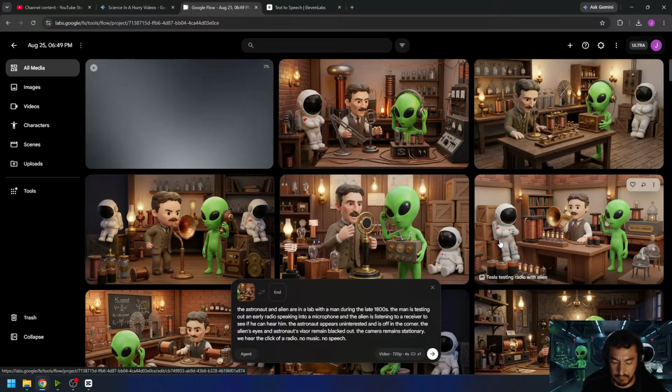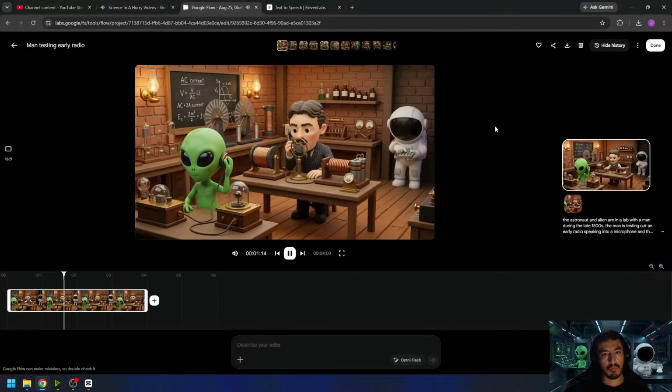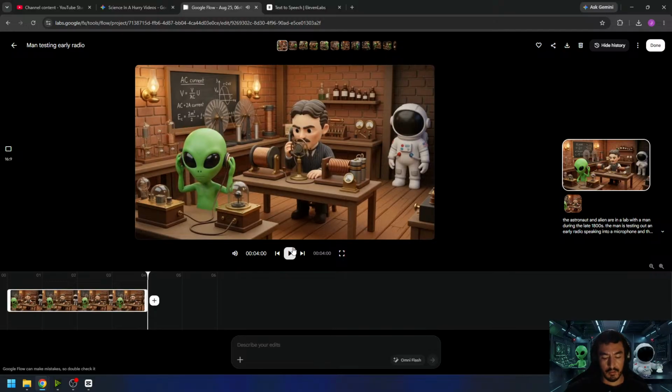All right, test that out. Okay. So what I don't like here is you can see Tesla holding a phone receiver, even though he's got this microphone in front of him.